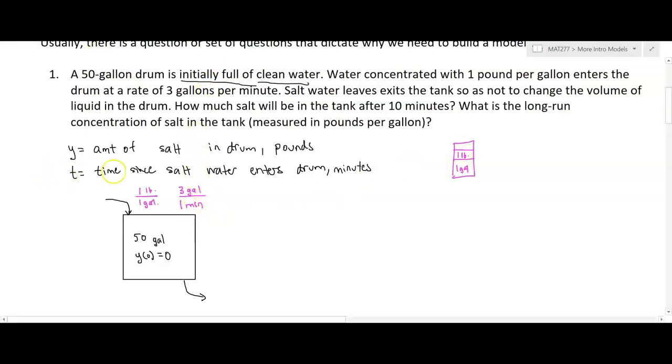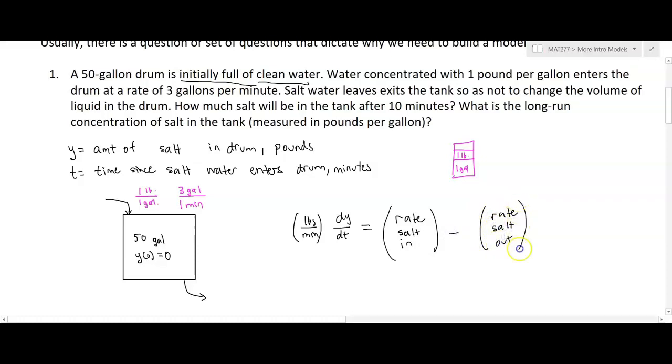Now, we do need to define these variables because dy dt has units of pounds per minute. So when I look at the net inflow rate, which is the rate of salt in minus the rate at which salt runs out, this is just like thinking about water entering a bathtub.